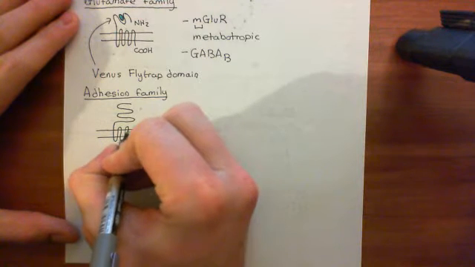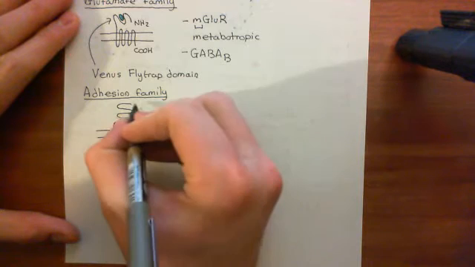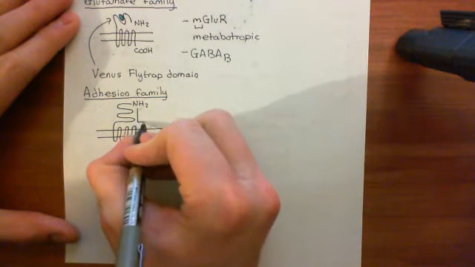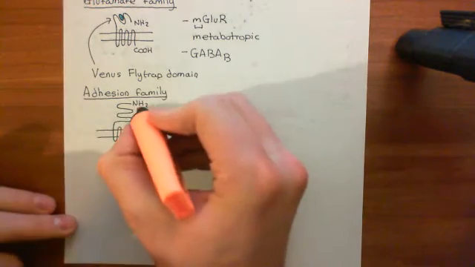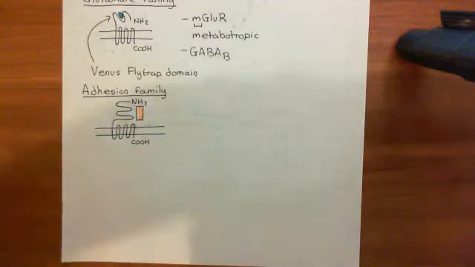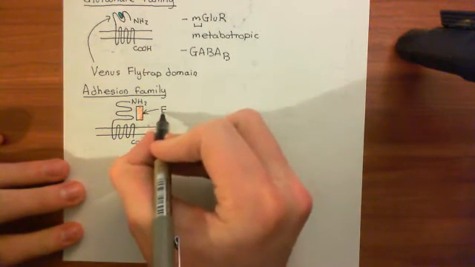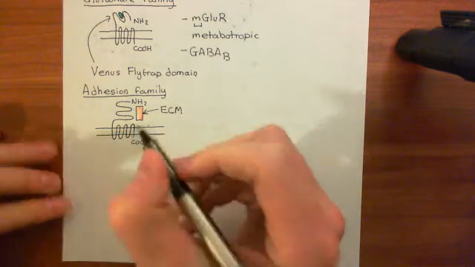And then they have their 7 membrane spanning alpha helices, like so. Here's the amino terminal here. And then they will bind to components of the extracellular matrix, like so. So I'll put this in orange here. So this represents some component of the extracellular matrix, ECM, for extracellular matrix.